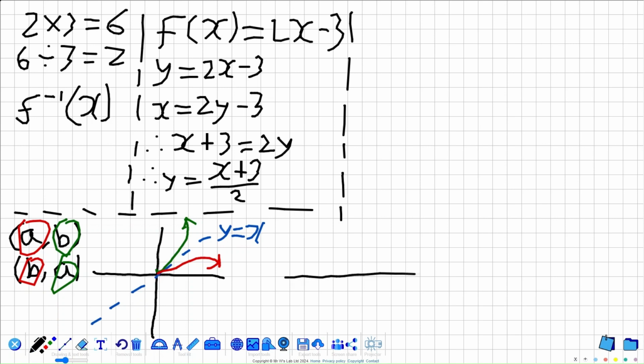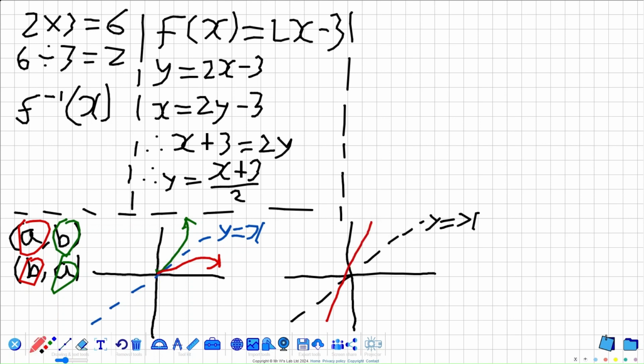So maybe let's look at another example. Say we've got another plane here, and we've got our y equals x line. Let's say we've got one line that goes like this.